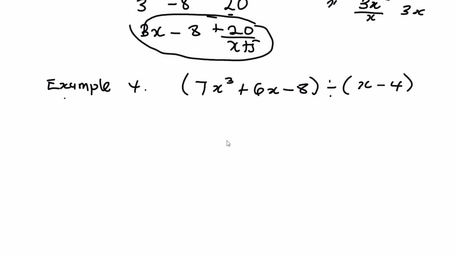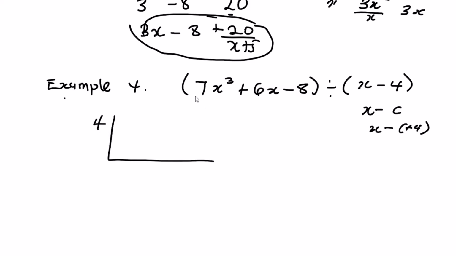Now we are going in for the synthetic method again. So what will be our c? If you want to get the c, it should be in the form x minus c. So this can be in the form x minus positive c. So our c should be 4. So we have 4 here.